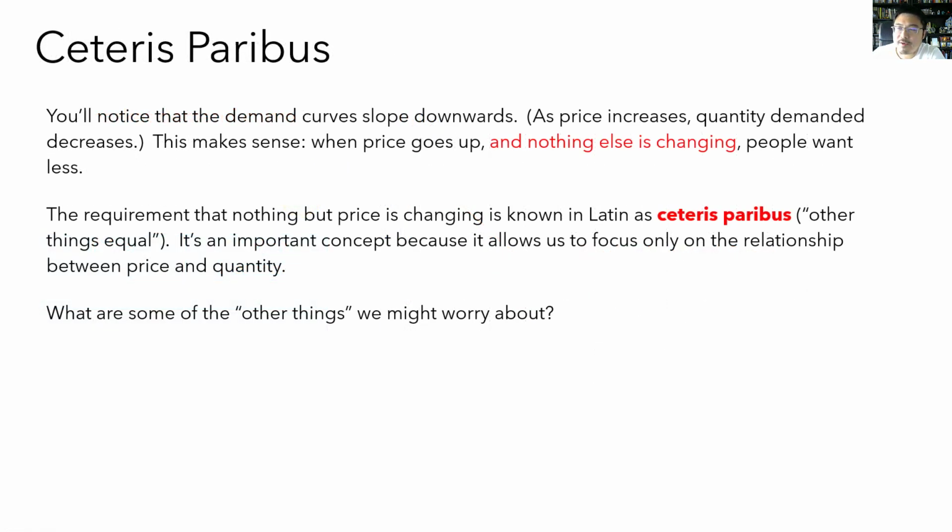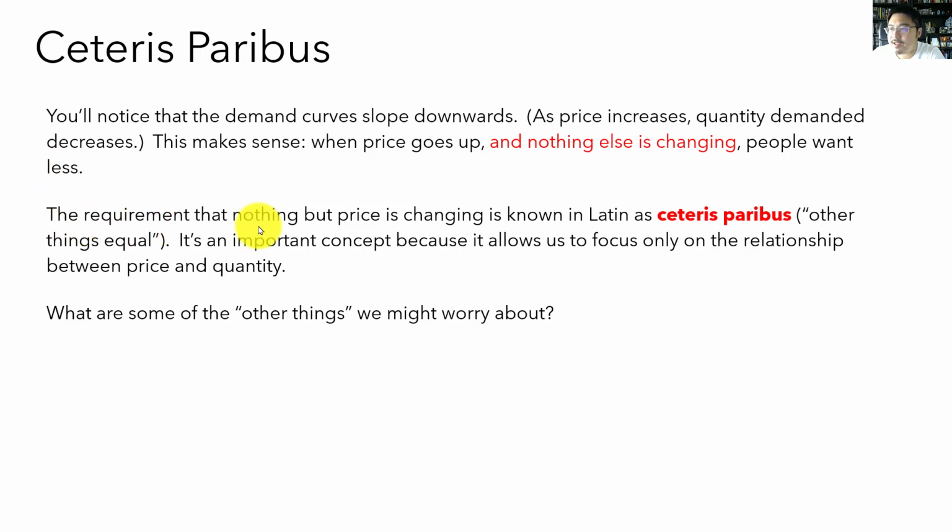So one thing that you might have noticed is that the demand curves were sloping downwards, right? Which means that as the price increases, the quantity demanded decreases, or to put it another way, as the price decreases, the quantity demanded increases. Right, and this makes a lot of sense because when prices go up, and assuming nothing else is changing, then people naturally are going to want less of the good, right?